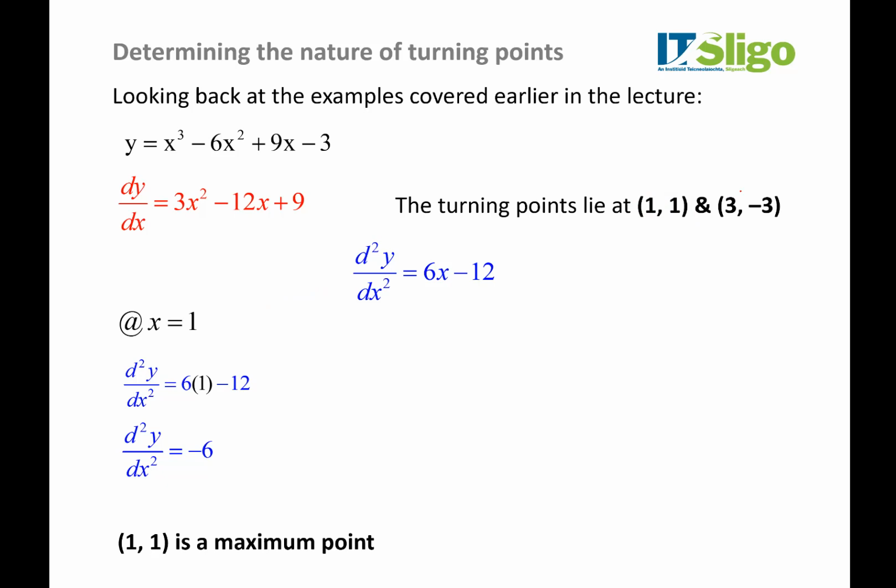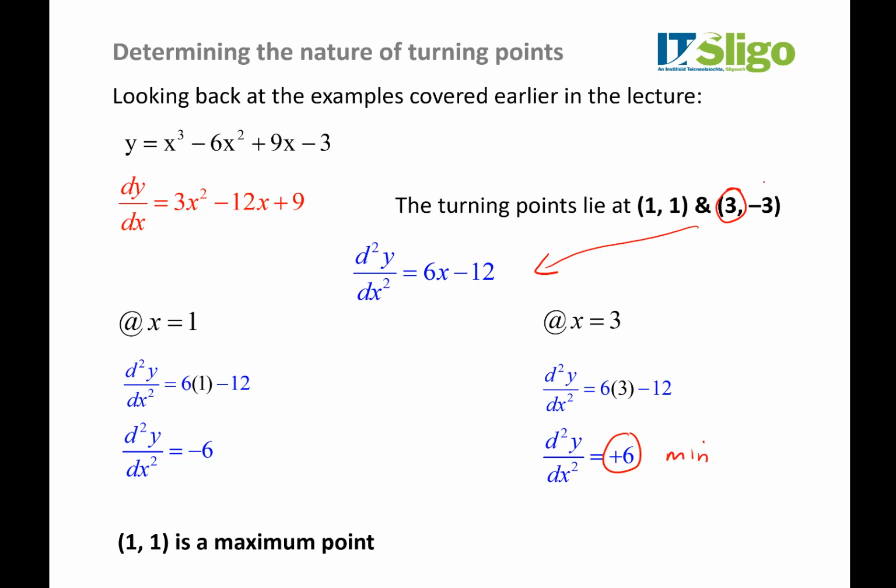We do the same now. We feed 3, the other point, in. When x is equal to 3, we feed that into our second derivative. We get 18 minus 12, which is plus 6. My second derivative is positive, so that means this point is a minimum.